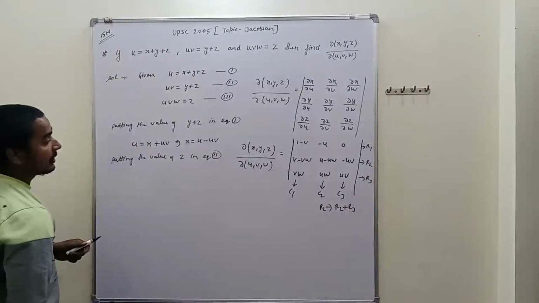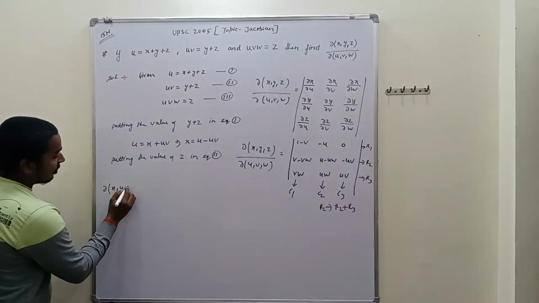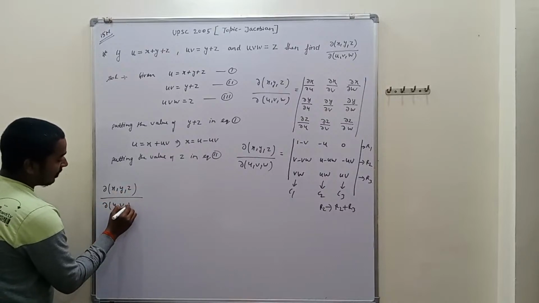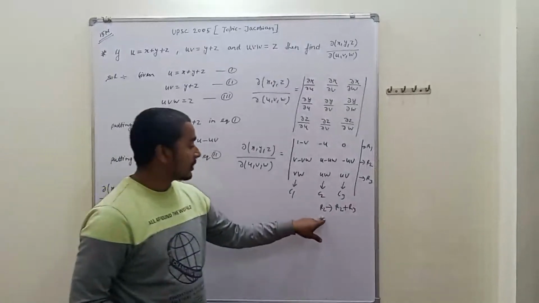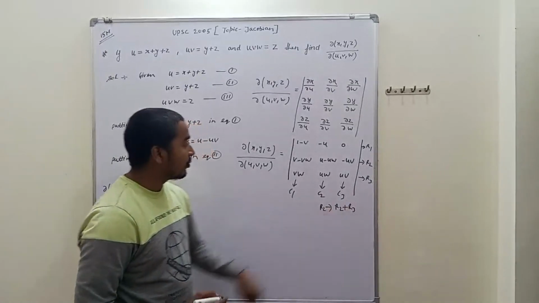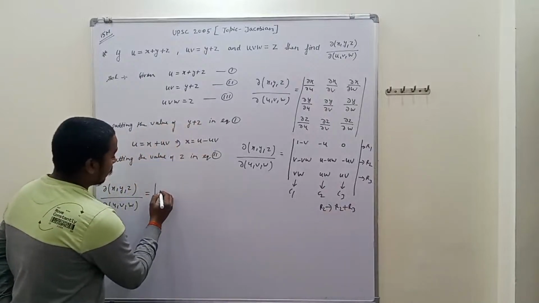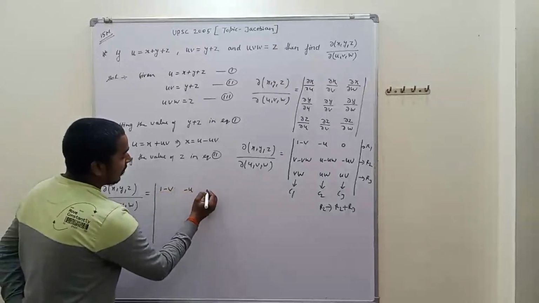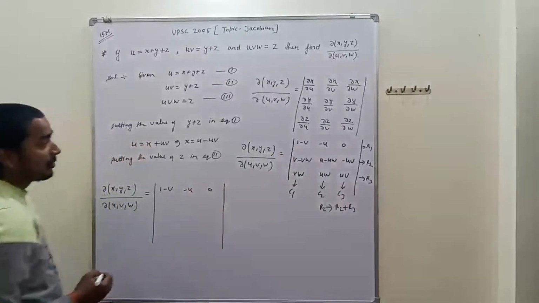We have to write here del of x comma y comma z upon del of u comma v comma w, and we have to go through the row operation, R2 replacing R2 plus R3, that is 1, minus V, minus U and 0, because R1 does not change.